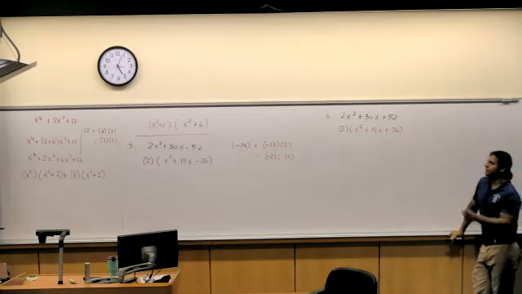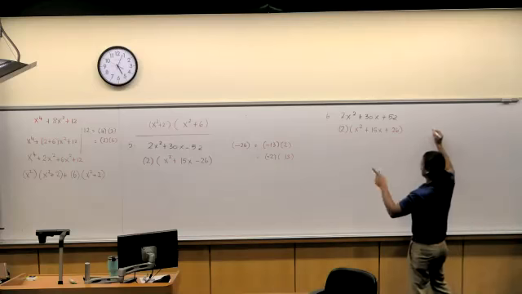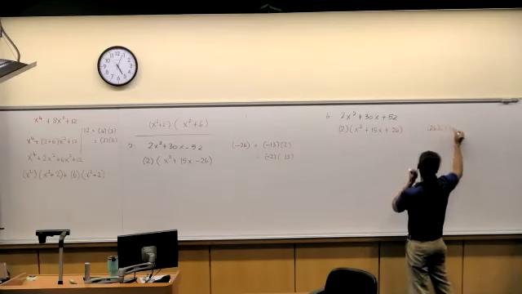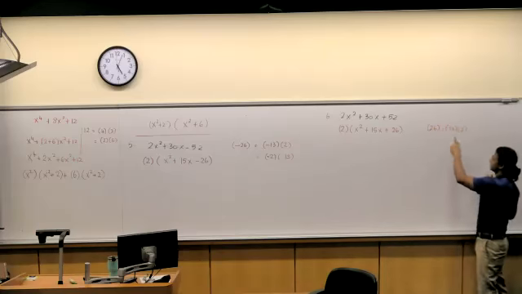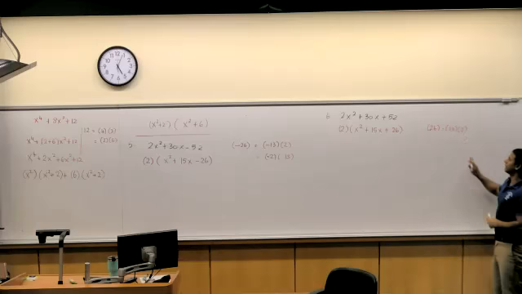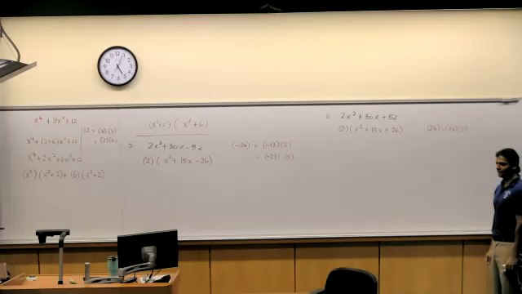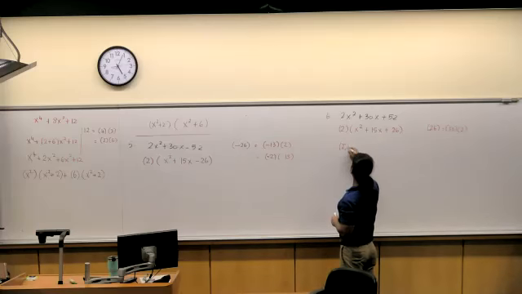Yes? 26 times 1, 26. We know the only way to factor 26 using numbers other than 1 is 13 and 2. So 13 times 2, 26. If I add, would I get 15? Yes. I can split the middle number.